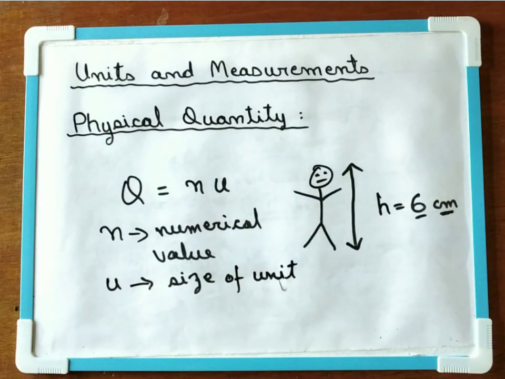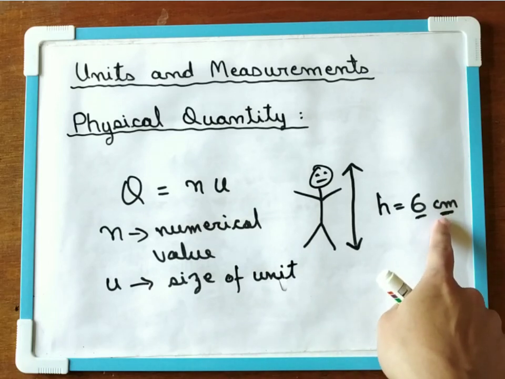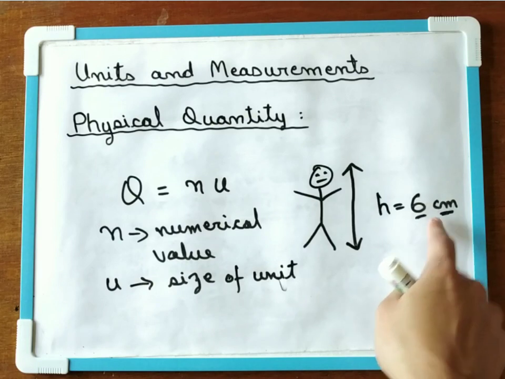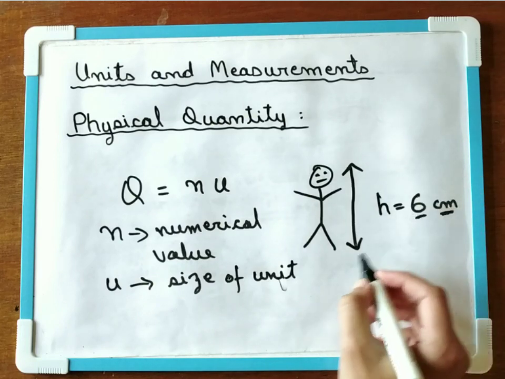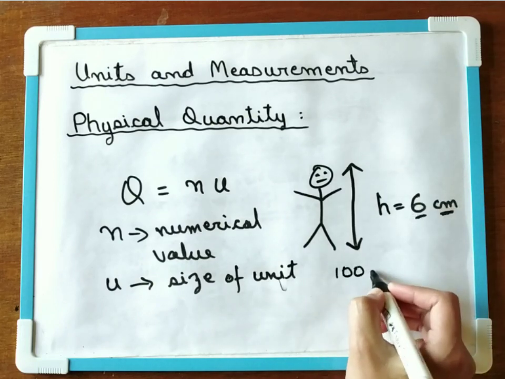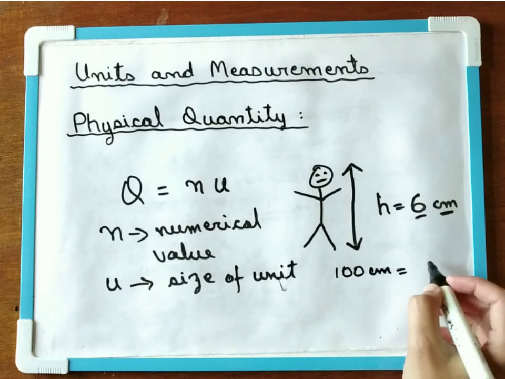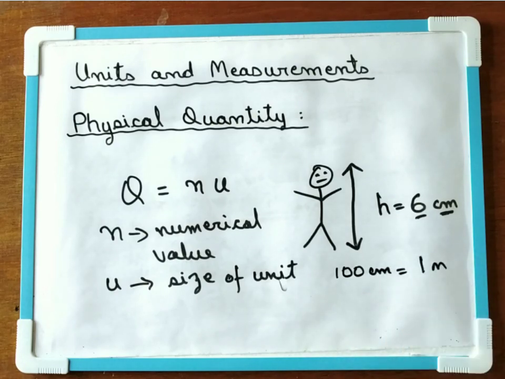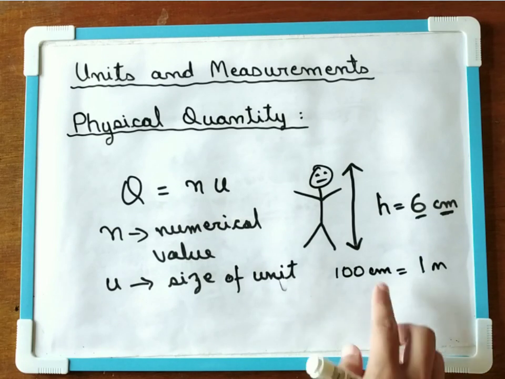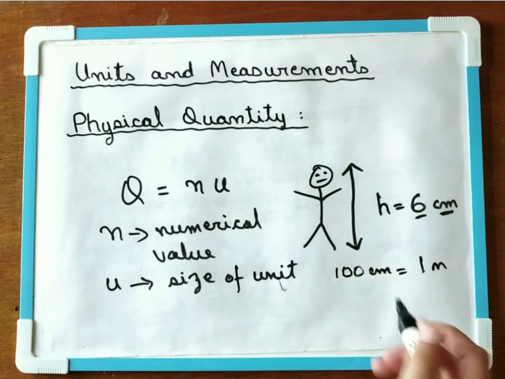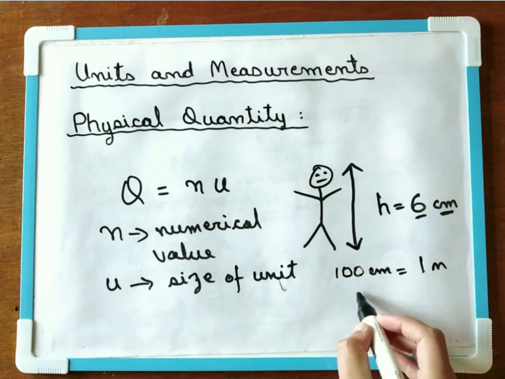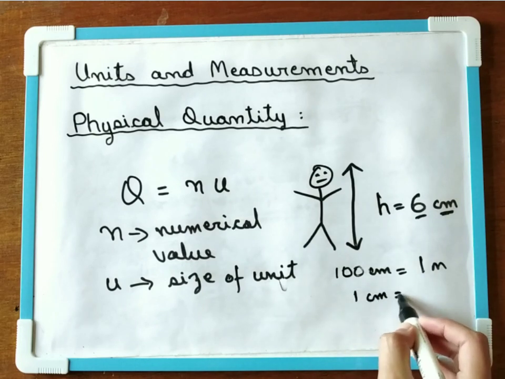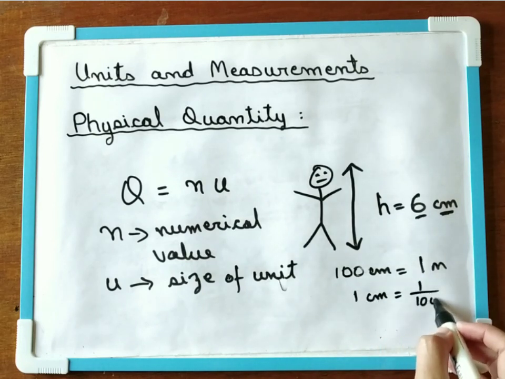Okay, so we can measure this one. The size of the unit can be different. See, here it's given in centimeter, but I can convert this one into meter also. I know that 100 centimeter is equal to 1 meter. So 1 centimeter, by cross multiplication, I'll bring this one here. So 1 centimeter will be equal to 1 by 100 meter.